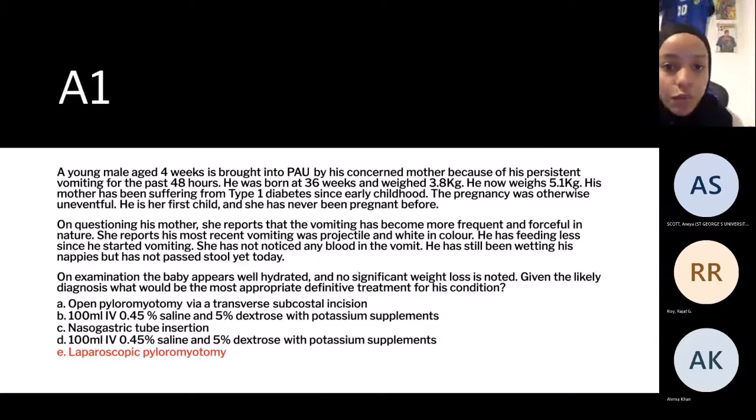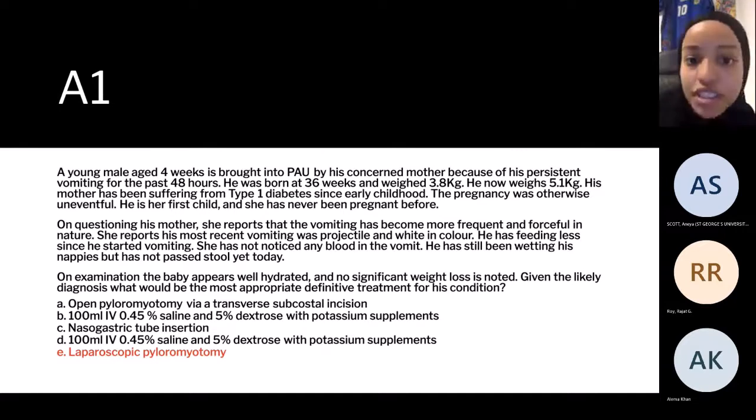So if we read through the question quickly, we've got a 4-week-old male who's been brought in with persistent vomiting over the past 2 days. He was born at 36 weeks and weighed 3.8 kilos, and he's now weighing about 5.1.